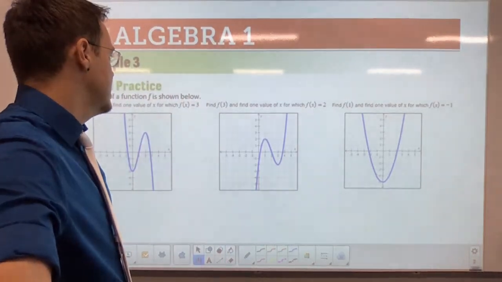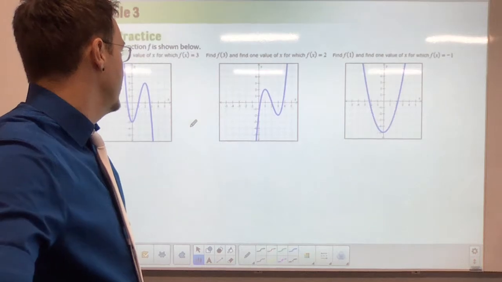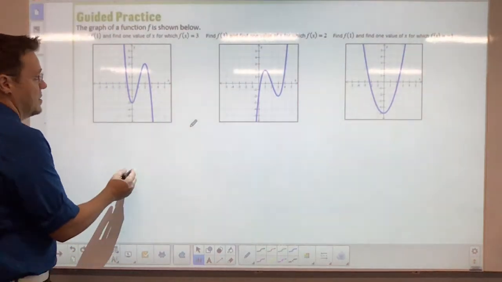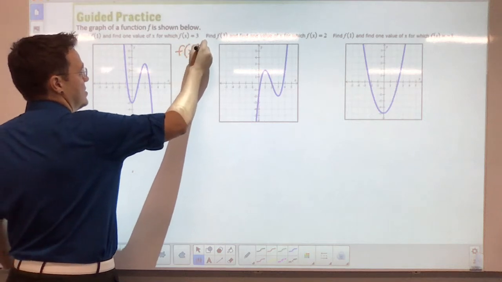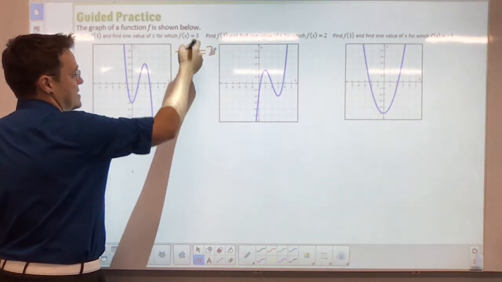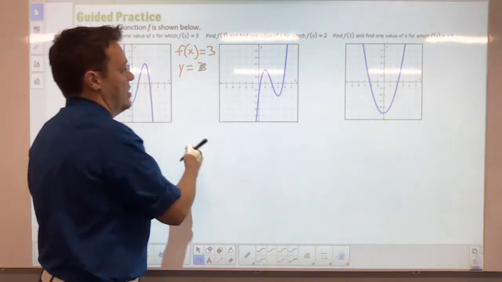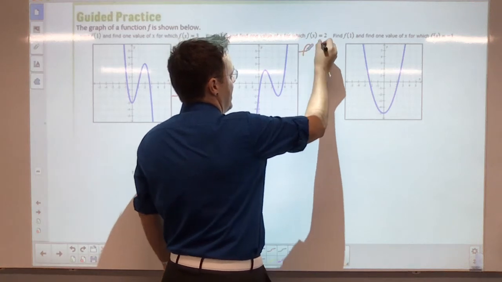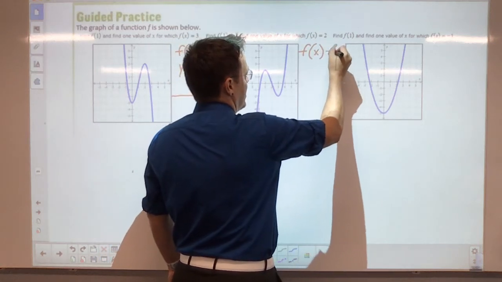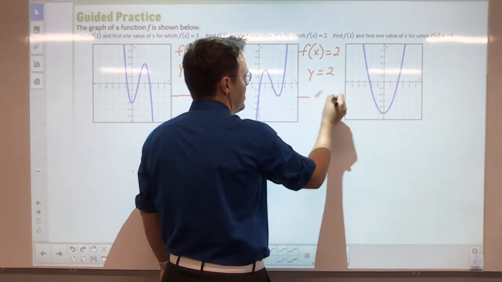When you're going through this, same setup. Start by writing f of x equals 3, because that's what it says, then change it to y equals 3, and then give me the values, and the second number as well. Same here: f of x equals 2, then y equals 2, and give me a value.